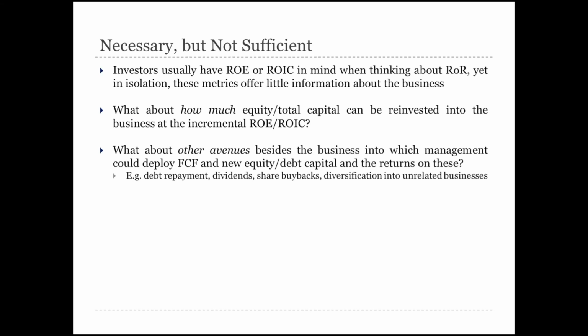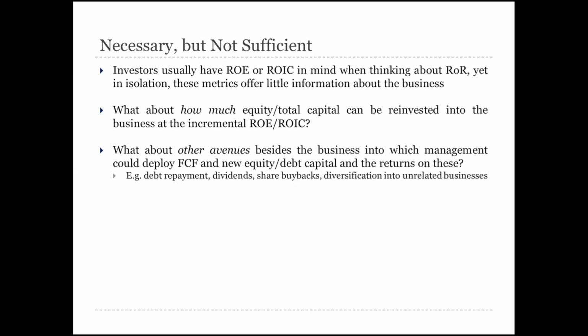First of all, how much equity or total capital can be reinvested into the business at those incremental ROEs or ROICs? So, for example, it does little good to be a very high return business if you're over leveraged and you have to use all of your cash flow to pay down debt with a 3% interest rate or something like that. Or if you're just a business that doesn't require a lot of capital.